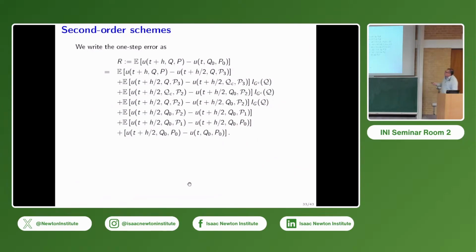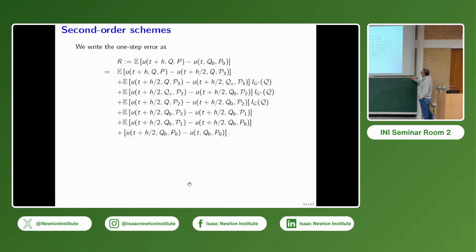So the proof starts with very careful rewriting of the one-step error. One of the reasons why we need very careful rewriting is that the backward Kolmogorov solution can't be smooth when our position is on the boundary, because we have a jump of the velocity. So then we need to arrive at this expansion so that we can use the boundary condition and switch from P3 to P2.